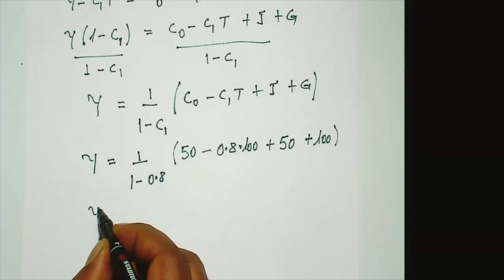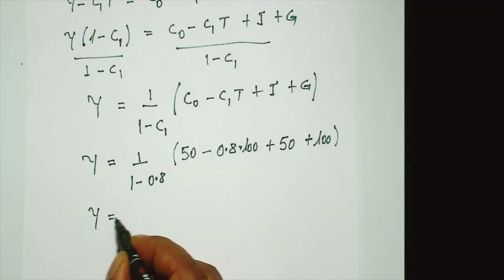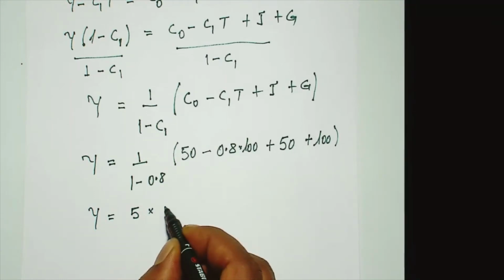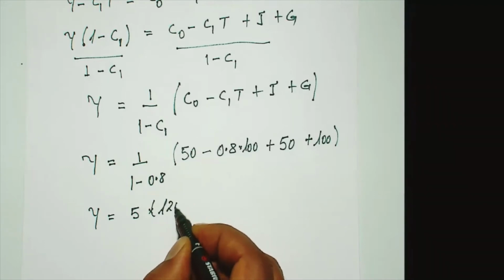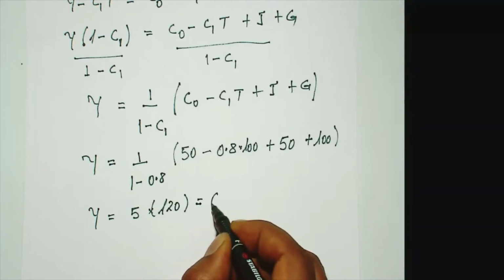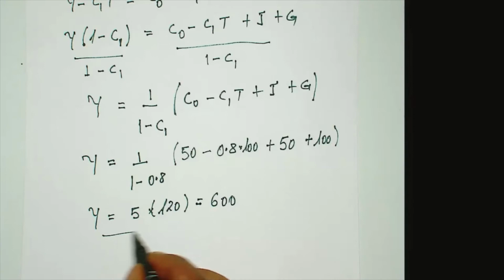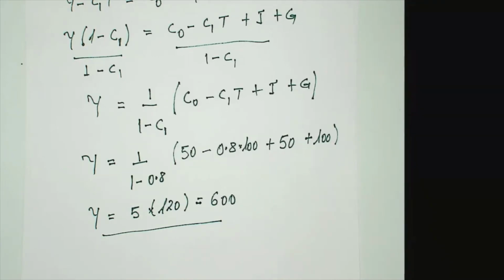If you do the calculation, this gives 5 multiplied by 120, which equals 600. So 600 is our equilibrium level of income in scenario A.